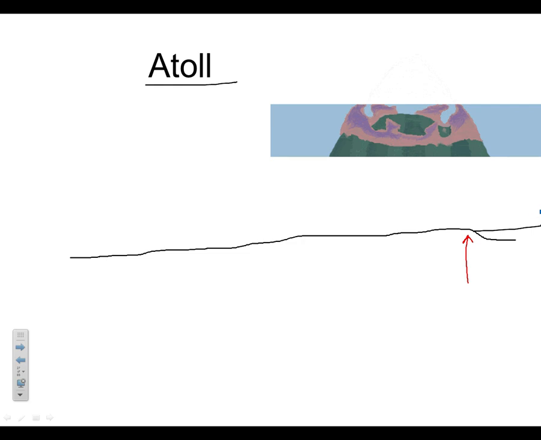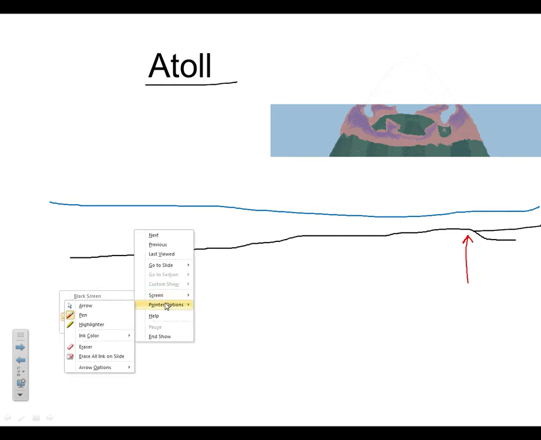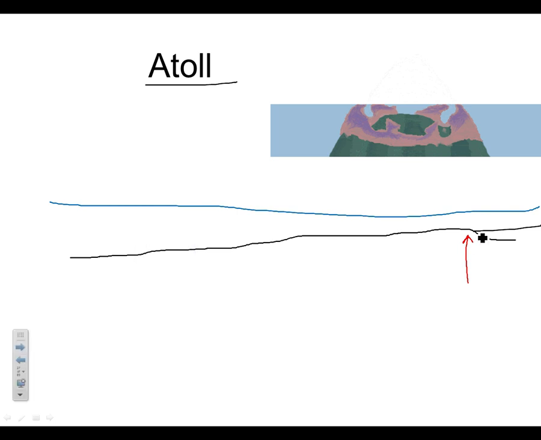So here's the surface of the ocean, like that. And then I need to draw my volcano. Okay, so here's my volcano. Again, this is the now. So there's my volcano. Just the same picture that we drew maybe twice now already.